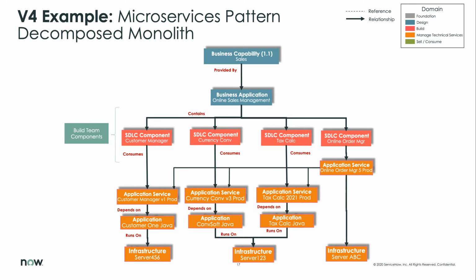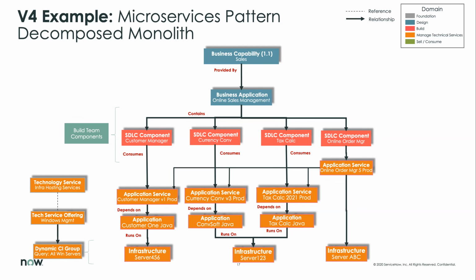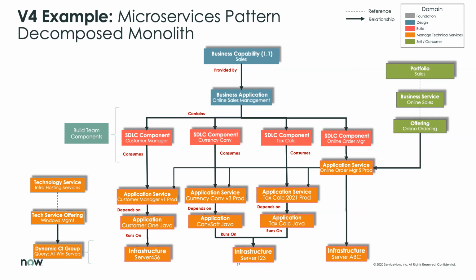And from there, however you do your hosting, whether it's on-prem or in the cloud, identifying where that hosting is and the other pieces and parts of that application service, who's responsible for the managing and maintaining of those infrastructure pieces, and then what's the business that depends on that application to function and utilize that from a consumption perspective. So this is the new SDLC component. It's the largest piece of the new CSDM 4.0, and it gives us that ability again to identify the pieces of a business application that are individually developed.